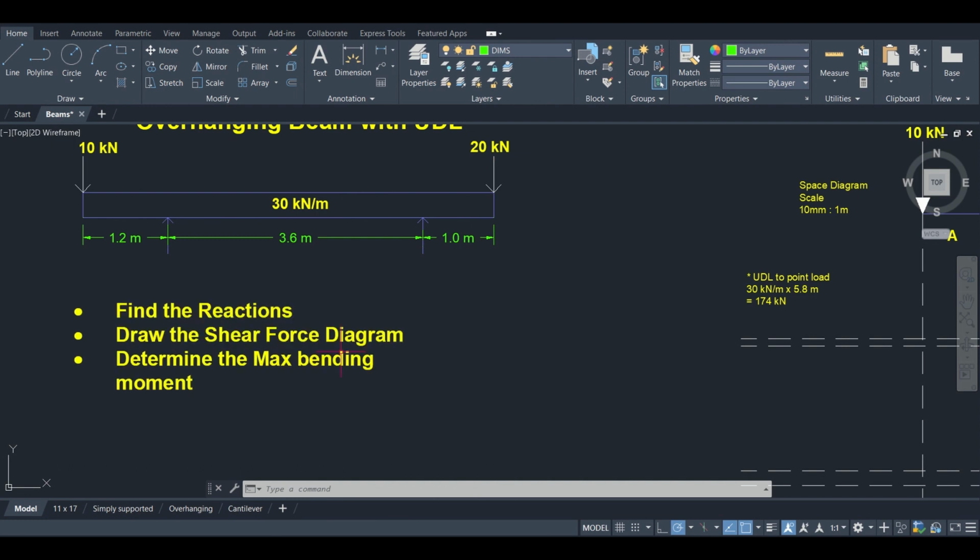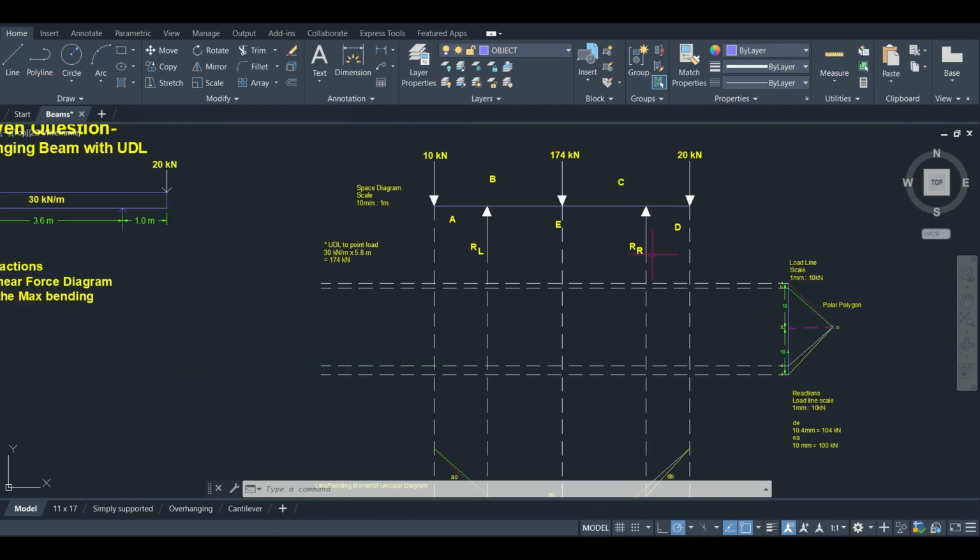We're now going to be drawing our shear force diagram. And I'm going to turn on my line weight for this one. Now, if you recall what I would have said in the last video, and again, if you have not watched those videos as yet, it is critical that you do, because those videos will be helping you to understand all of the concepts a little better than we are here, because we would have done it twice already.